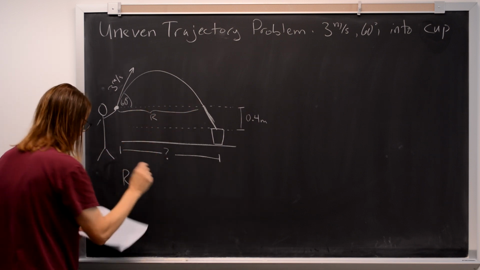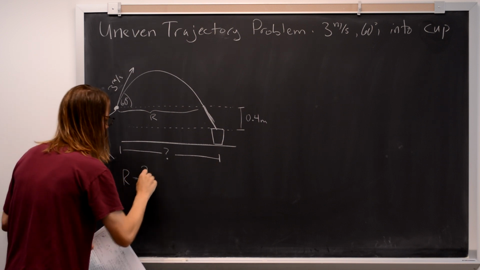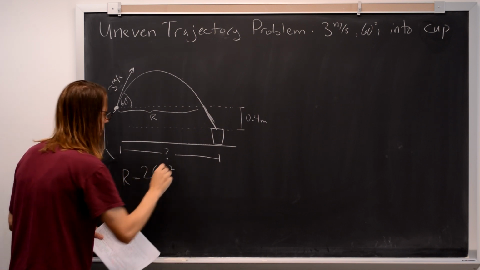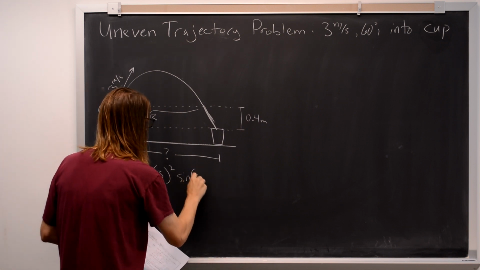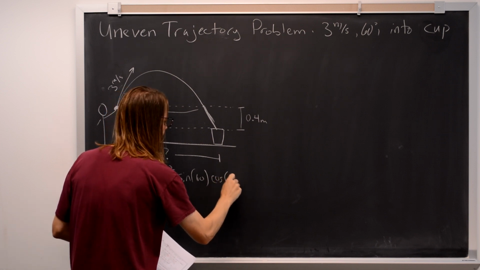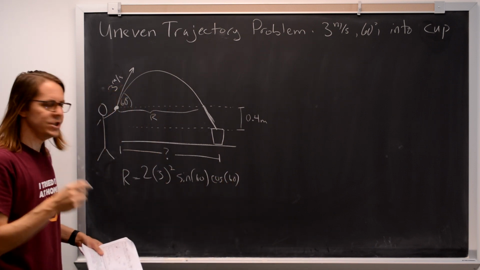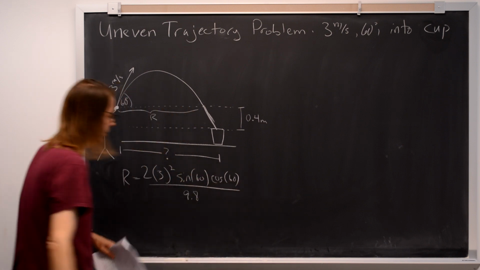So the range formula is 2 times the velocity squared times the sine of the angle times the cosine of the angle, sine of 60, cosine of 60, over g, over 9.8.